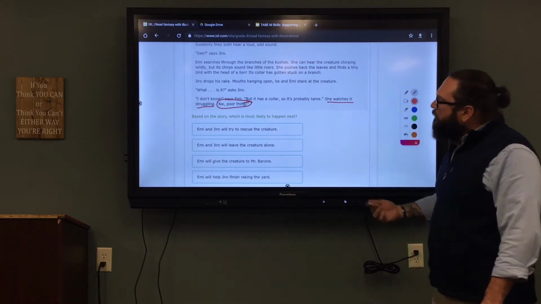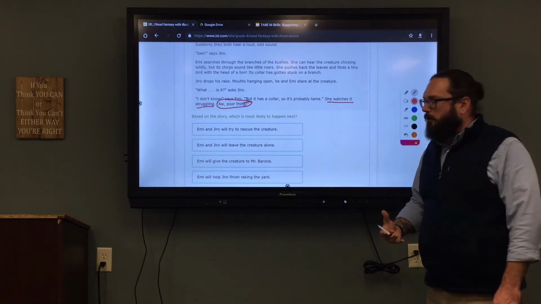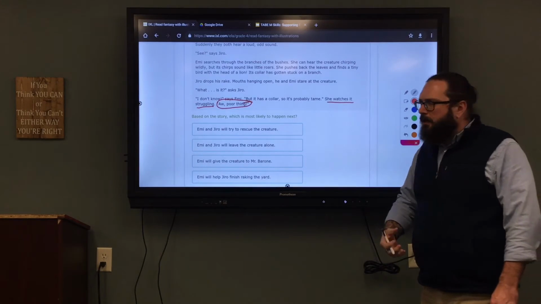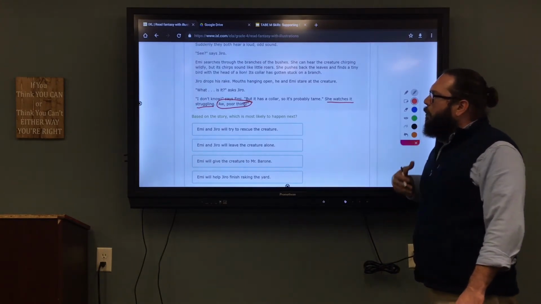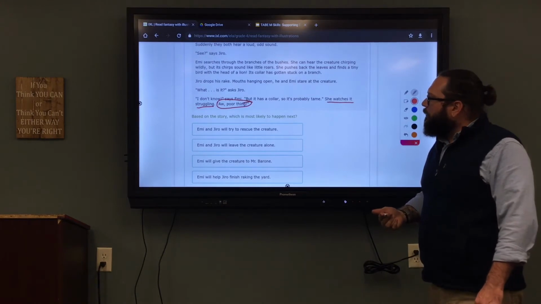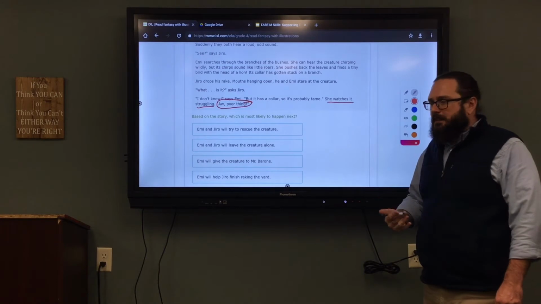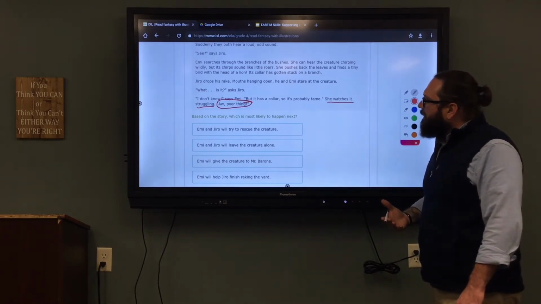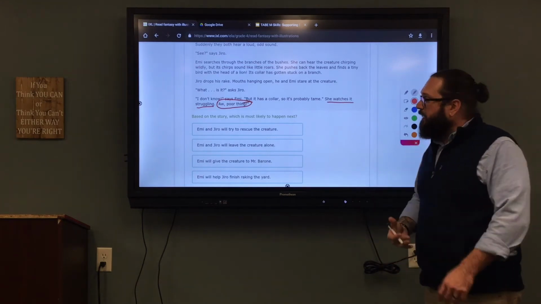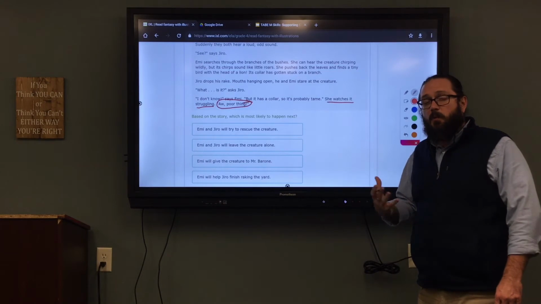So our first option says Emmy and Jiro will try to rescue the creature. Based on past experience and previous knowledge, what do you think is going to happen? Well, obviously, even though they don't know what the creature is, they see that it's stuck. They see that it's struggling to get loose. And, of course, Emmy responds with, "Aw, poor thing."